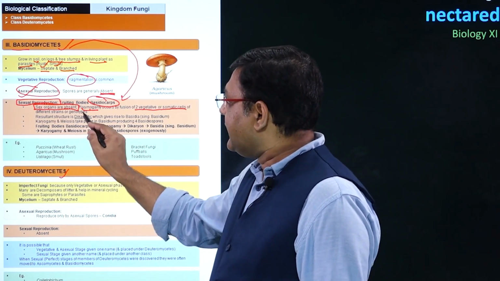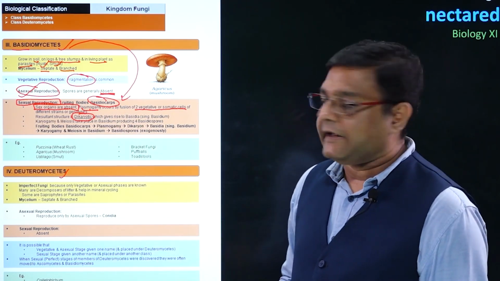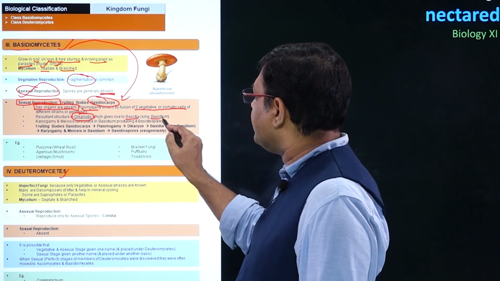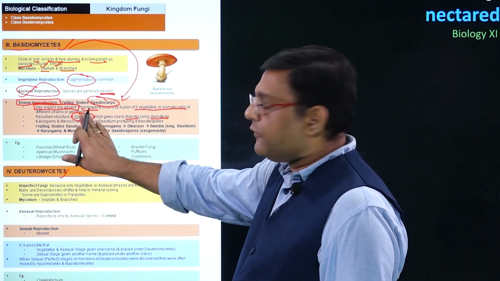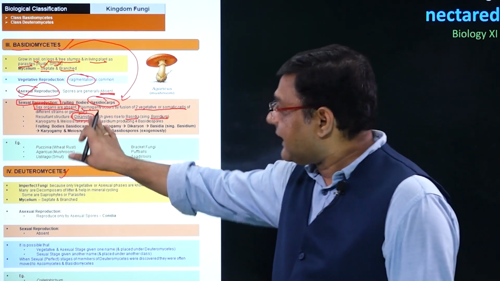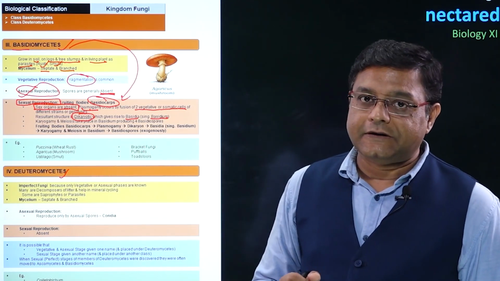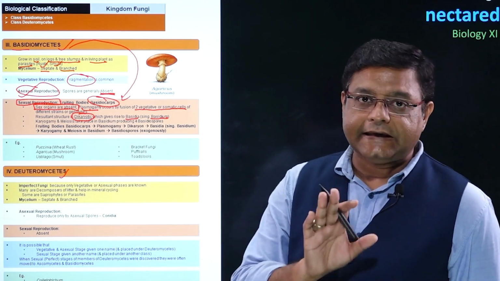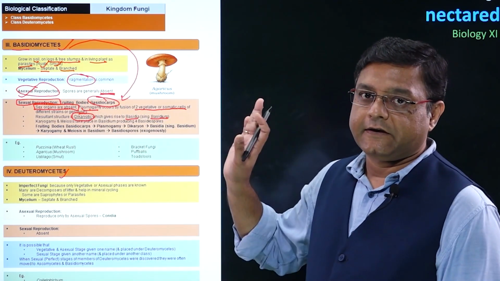There will be an intervening stage, that is the dikaryotic stage, which will result in the formation of basidia or the basidium. The formation of dikaryon over here is similar to what was present in Ascomycetes. In Ascomycetes also there was formation of dikaryon, and in Basidiomycetes also there was formation of dikaryon.